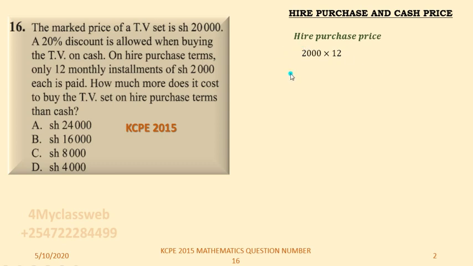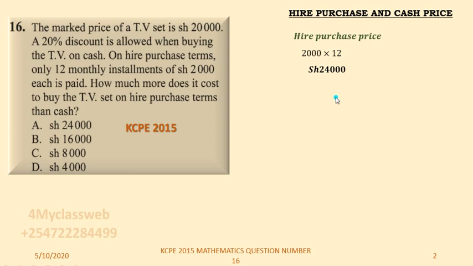Otherwise, if there could have been a deposit, we could have added that deposit to what we shall get after working out the installments. But now that there is no deposit, we shall just multiply 2,000 times 12, and this will give us shillings 24,000, and this will be the hire purchase price.